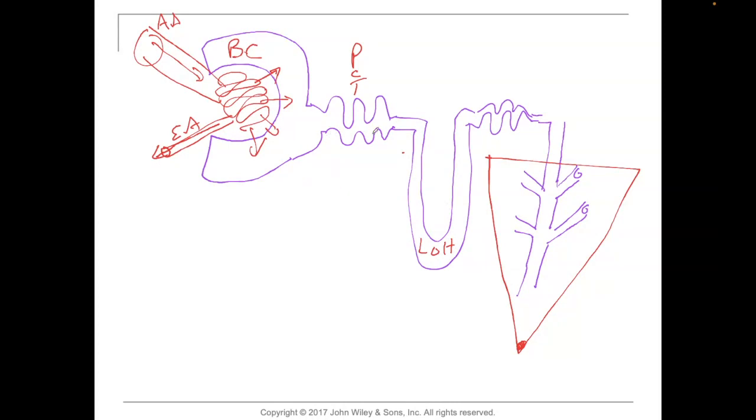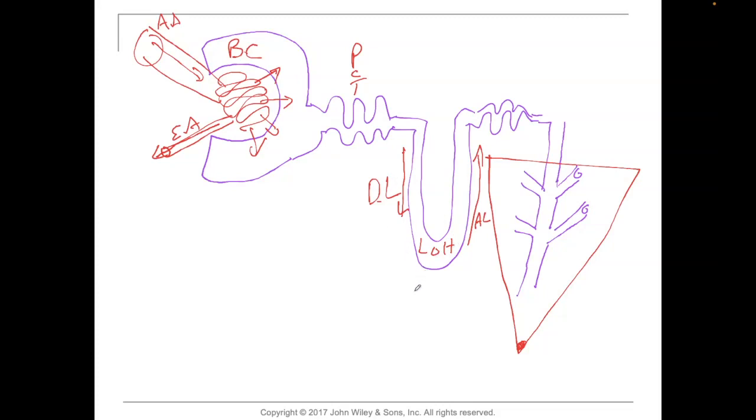And everything's coming this way, right? So this is our descending limb, and then it's coming up. So that's our ascending limb of the loop of Henle. So there's a descending limb of the loop of Henle, there's an ascending limb of the loop of Henle, and that's the loop of Henle.